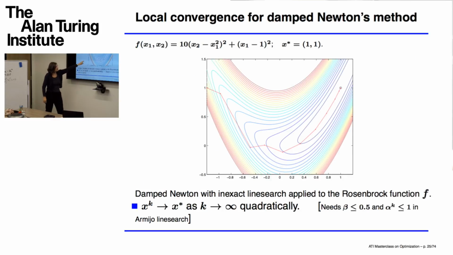But I want to illustrate that on this same Rosenbrock function on which steepest descent was failing to converge, Newton's method converges quadratically if I'm sufficiently close to the solution. But as I said, Newton has its own problems because far away from the solution, I really can have serious problems. In particular, I may be unable to apply Newton's method because it won't even give me a descent direction. So we've resolved some problems and we've broken other problems.